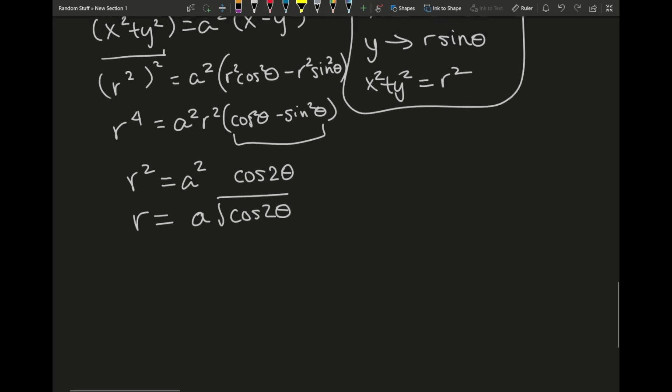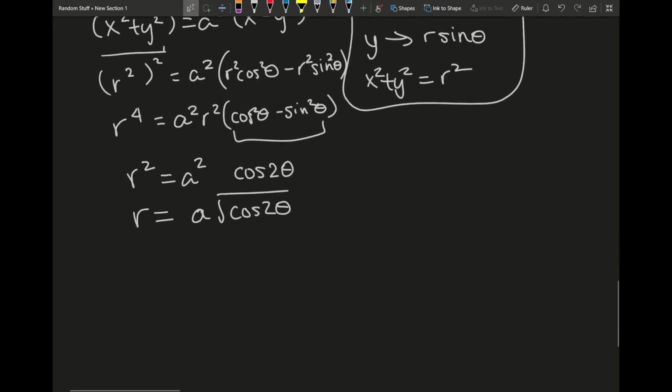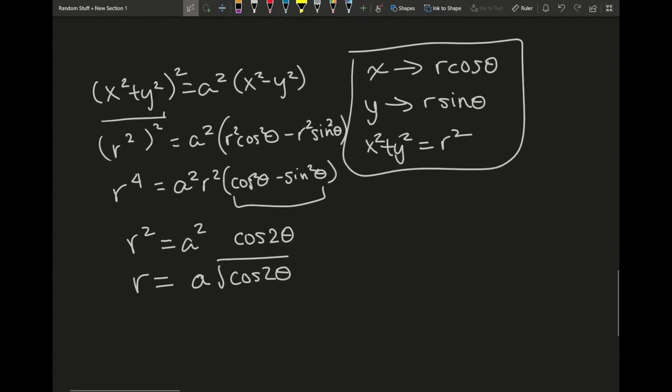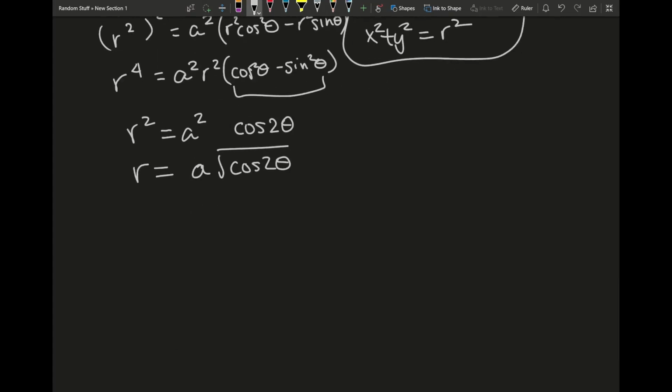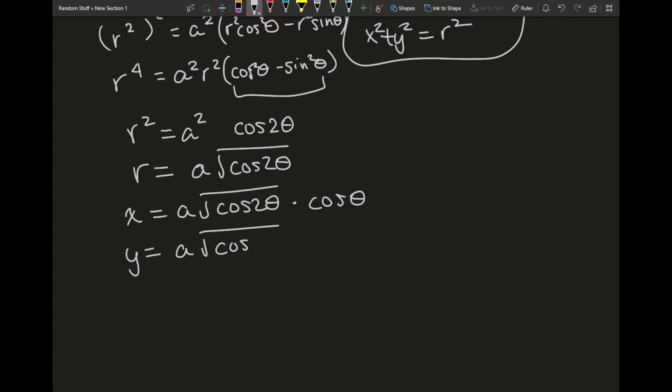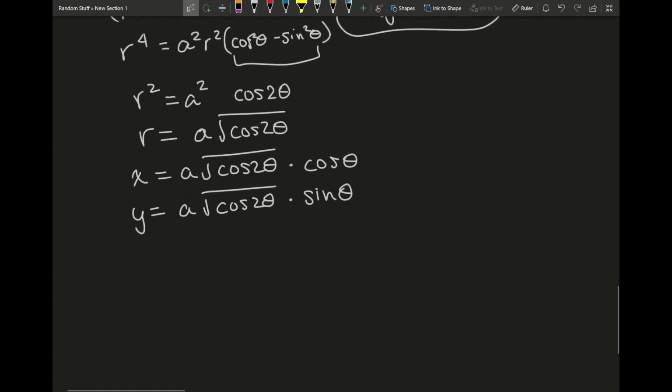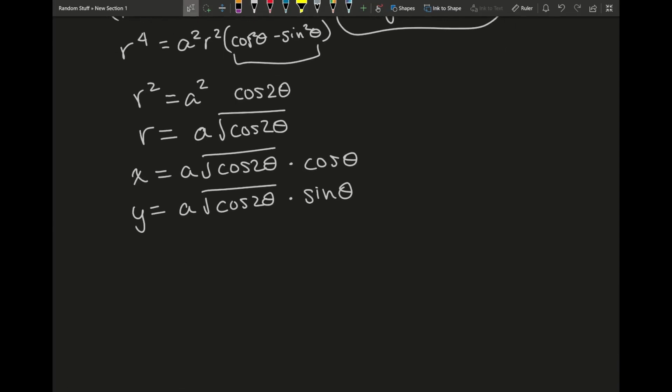So we know that x is r cosine theta, and y is r sine theta, so x is equal to a square root of cosine 2 theta times cosine theta, and y is equal to the same thing but with sine.